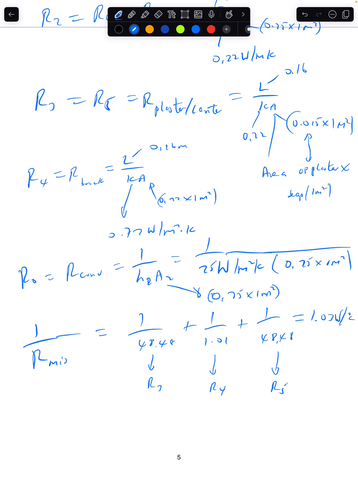per degree Celsius. And if we solve for this R, we're going to have what? We are dividing 1 by that value, and we're going to have 0.97, because this is effectively identical to 1 divided by that value, 1.03.